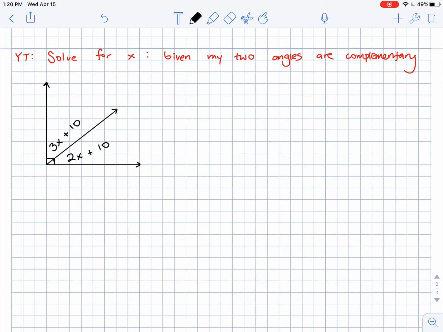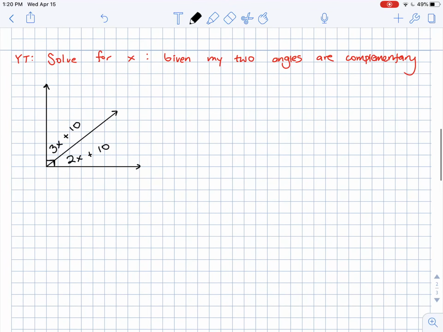Alright, so if these two angles are complementary, we know that if we add them together, they're going to equal how many degrees? 90. Okay.